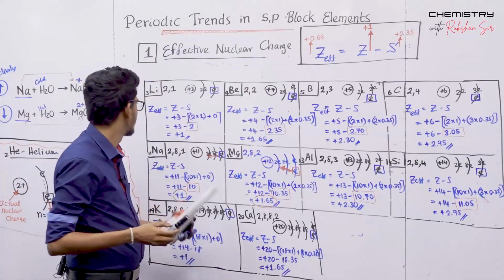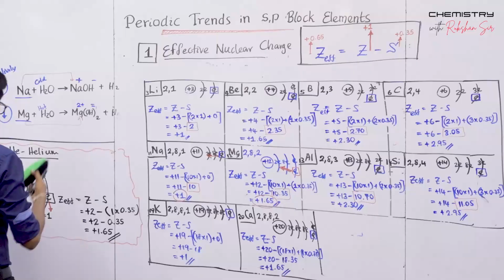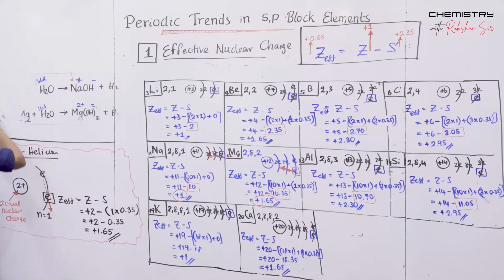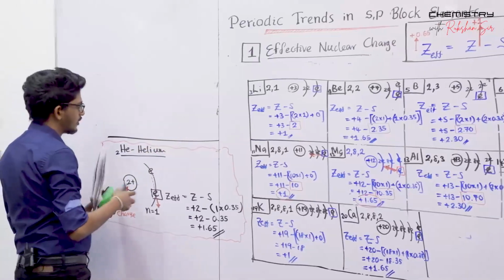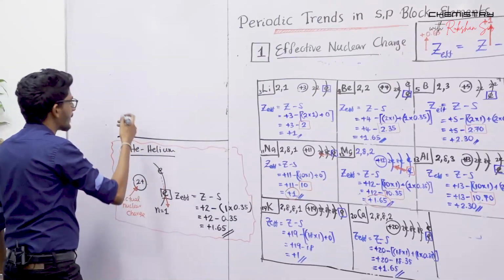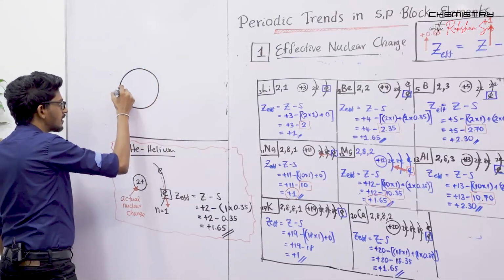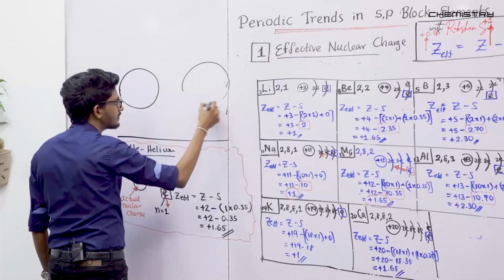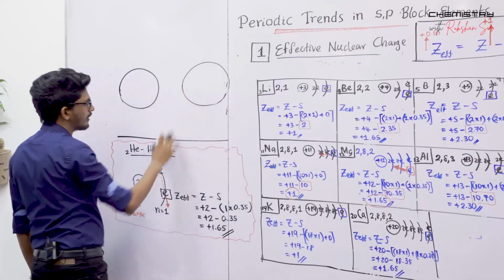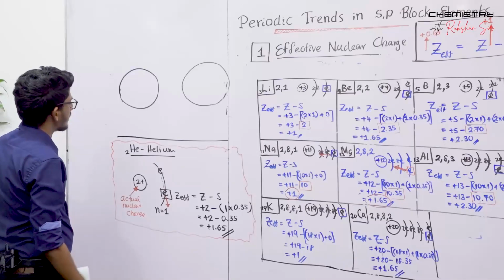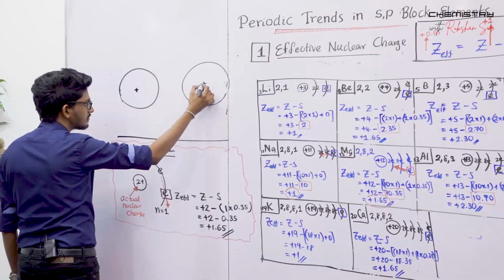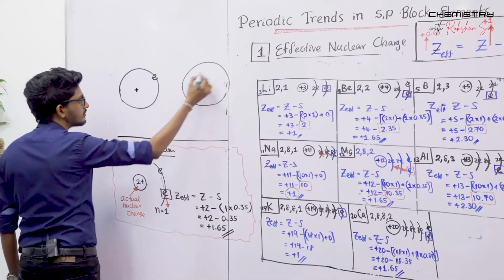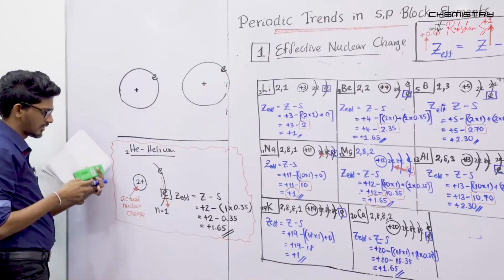Let's think, if you are to consider two atoms, it could be sodium and magnesium as well. This is your nucleus, this is your considering electron.